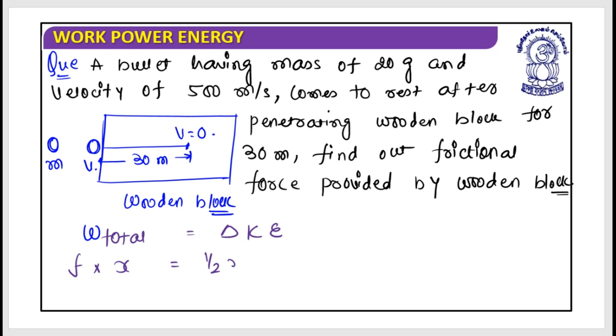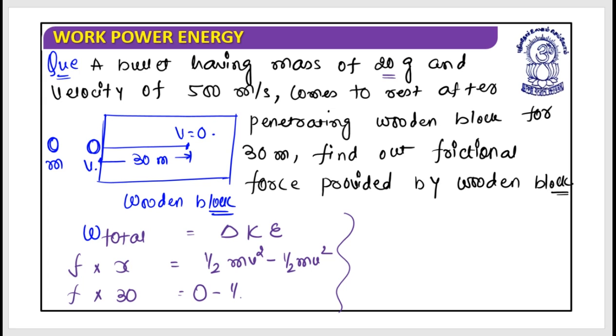That should be equal to half mv square minus half mu square. Yes. So this is F multiplied by friction distance, that is 30. That should be equal to half multiplied by mass. Mass is 20 gram, that's 20 divided by 1000, multiplied by, initial velocity is 0. So this should be a 0.